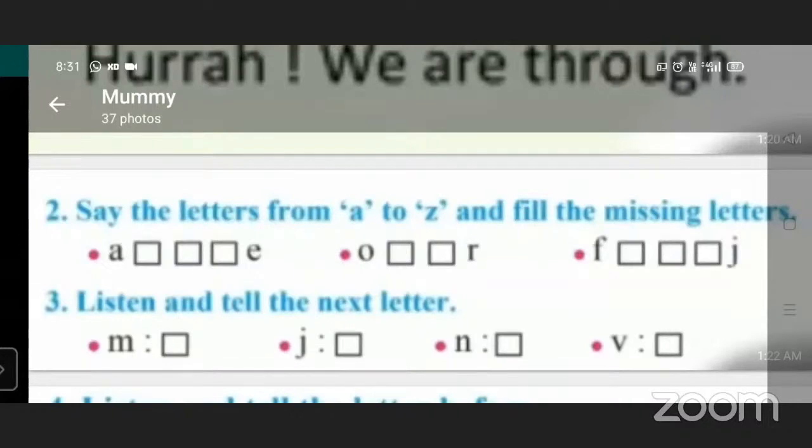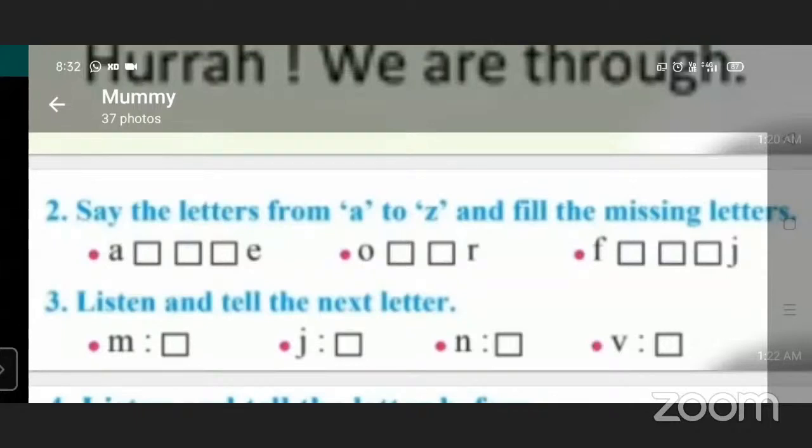Now second is O. What we write here in box? O, P. Yes, O, P, Q, R. Okay, yes. Now F. What we write after F?